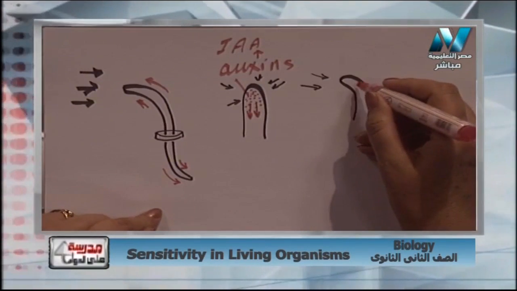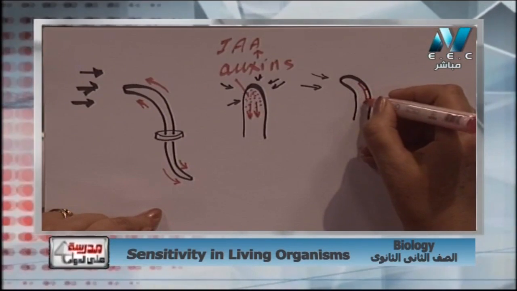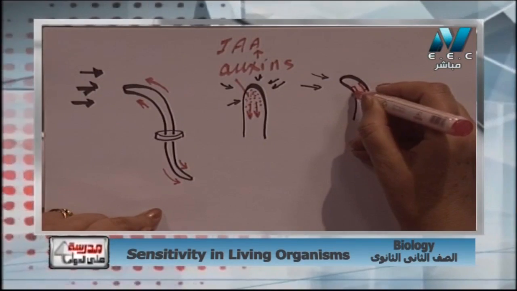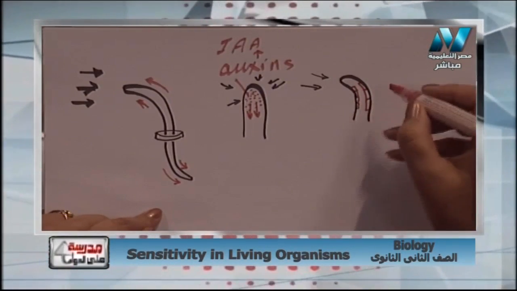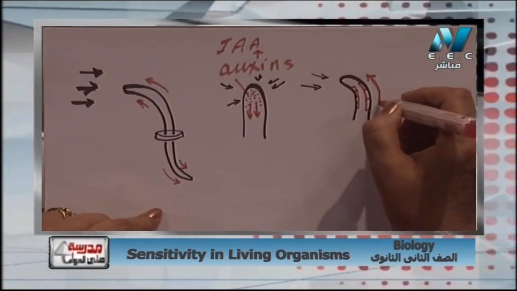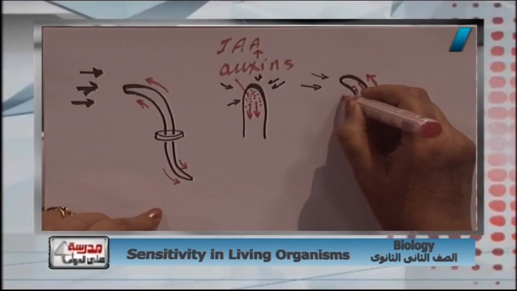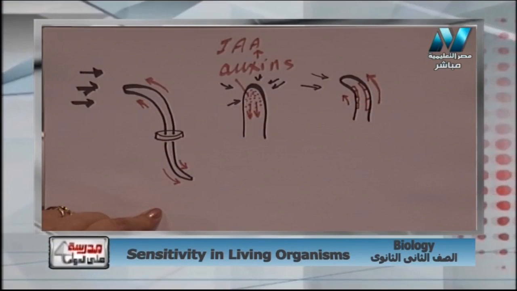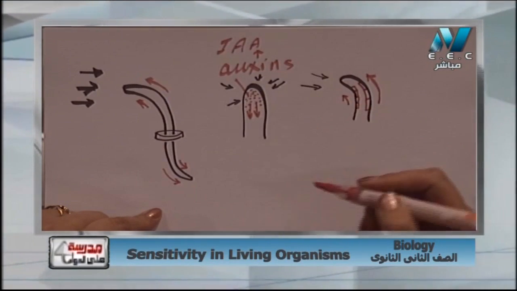And these cells become longer than the cells in the side facing the light. This is why the growth in this side was accelerated, more than the growth in this side. And this, of course, causes the curvature towards light.